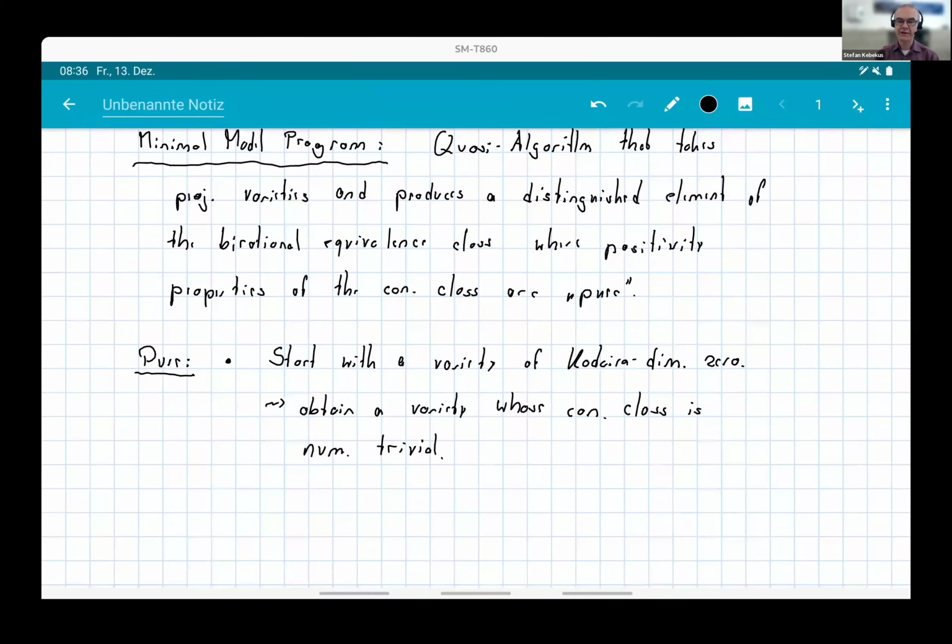Right, so we start with a variety whose canonical class is mostly zero, intersects most curves with a zero, might intersect some curves positively, might intersect some other curves negatively. So the curvature of the canonical class is a big mess. And what the minimal model program does for us, it purifies the curvature to make it totally zero.